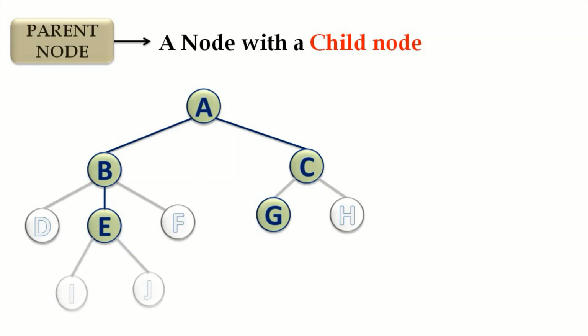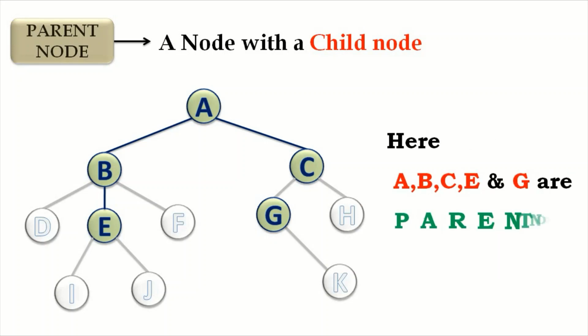E is a node with two children I and J. So E is a parent node. G is further connected with one child node K. So G is a parent node. Here A, B, C, E and G are the parent nodes. So we can identify in the tree the nodes which are white in color are not parent nodes because they are not further connected with any child nodes.